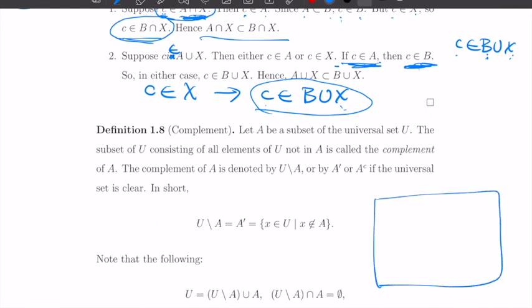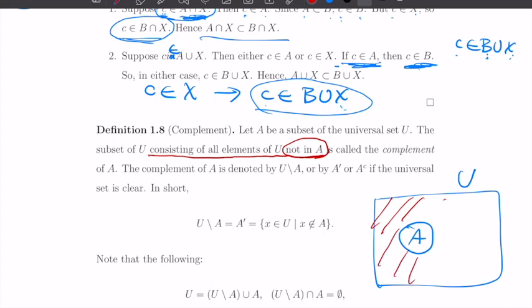Let's say this is the universal set, and we have a subset A. The subset of U consisting of all elements of U not in A is these elements, outside of A. And that is called the complement.